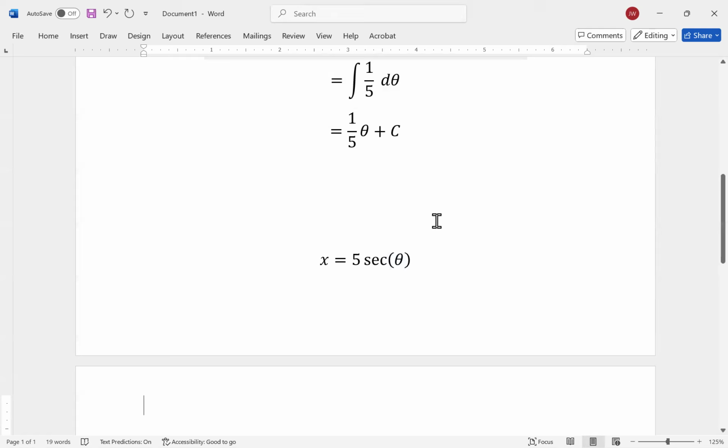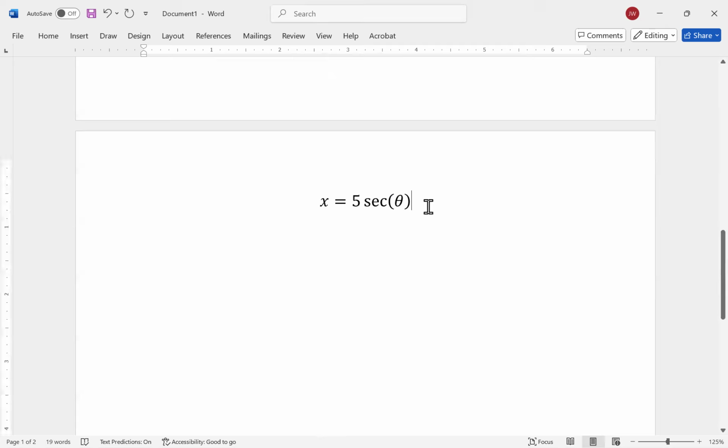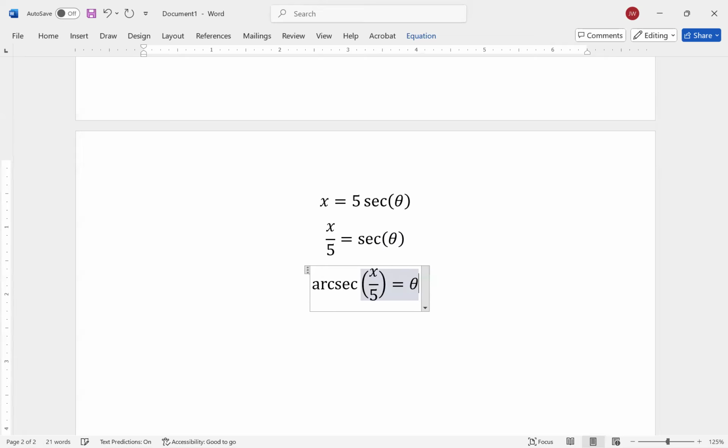Then I'll actually write down the next page there. Then x over 5 is equal to secant of theta. And that means the arcsecant, or the inverse secant function, of x over 5 is equal to theta.